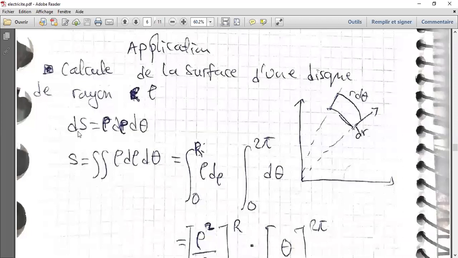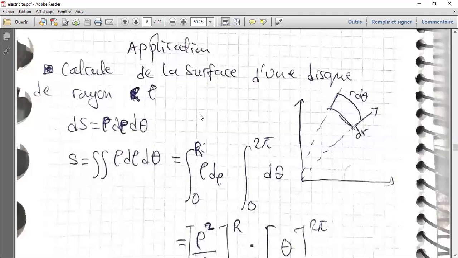You forget the vectors, so it will be d rho times rho d theta, and this rho is constant. So you are trying to find the surface area of a disk.